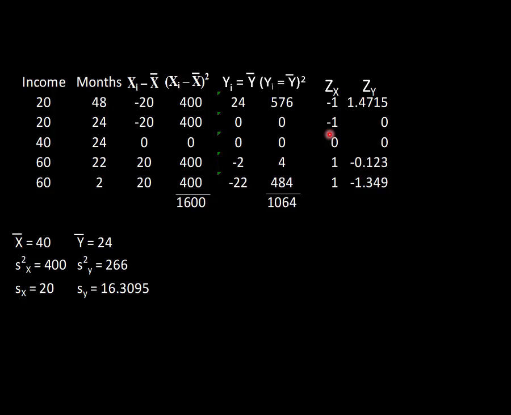So one standard deviation below the mean. The 1.4715 here, right next to it, means 1.4715 standard deviations above the mean. So the person who is one standard deviation below the mean income has owned their car 1.47 standard deviations longer than the average time of car ownership.